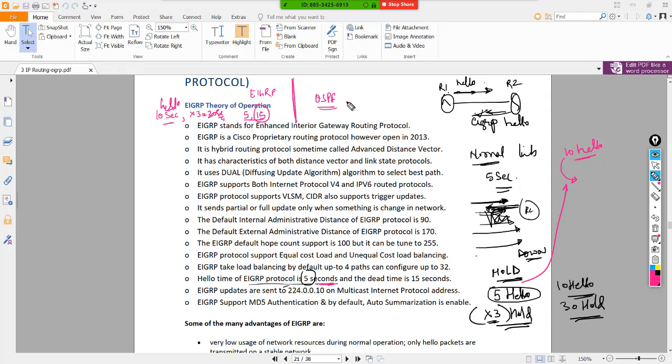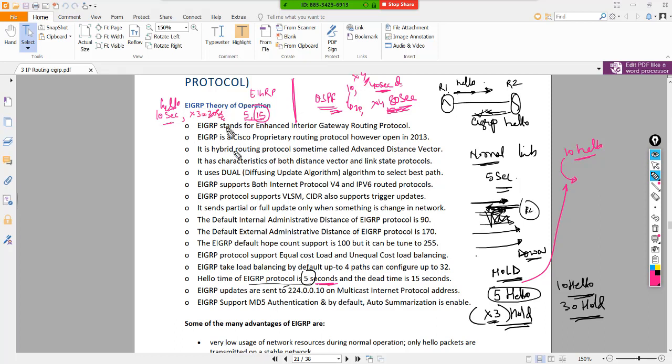In the case of OSPF, it's 10 seconds hello and 40 seconds as the dead timer. If you change from 10 to 20, OSPF automatically changes the dead timer, which now becomes 4 times, which is 80 seconds. Automatically the dead timer shifts by 4.